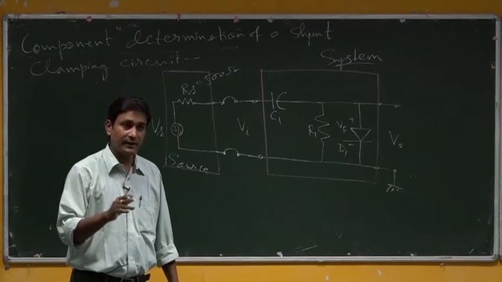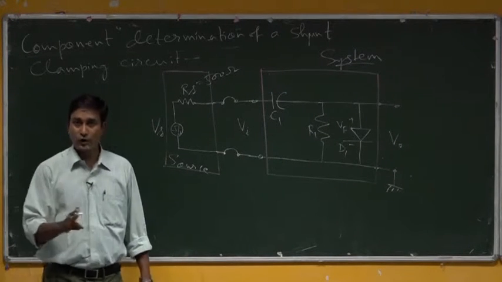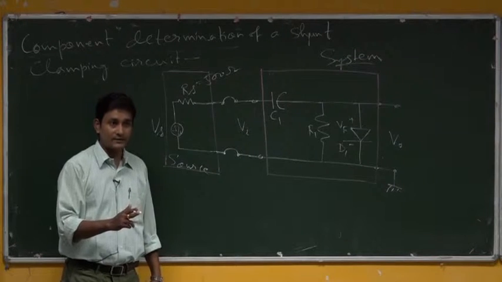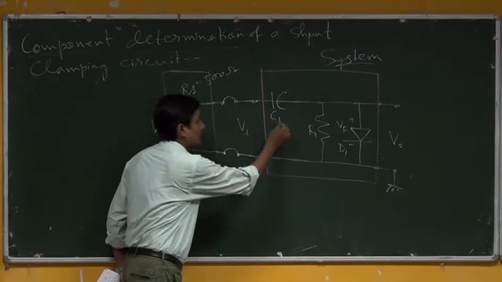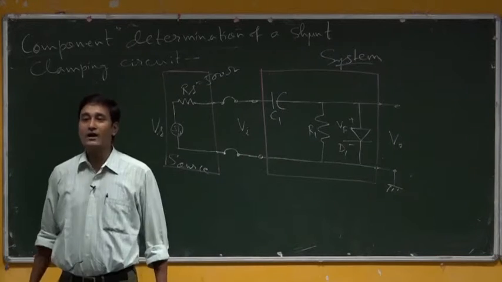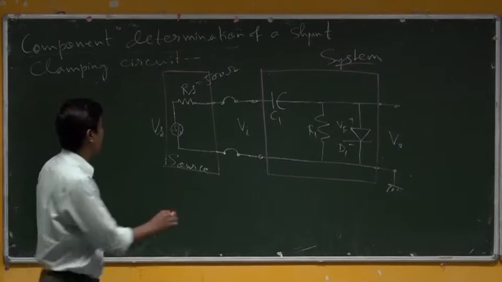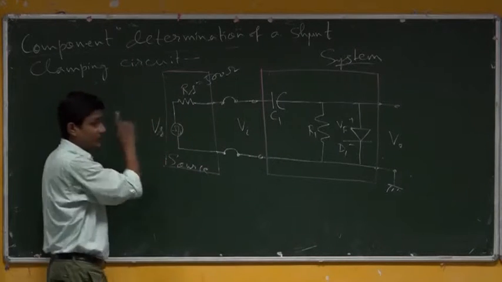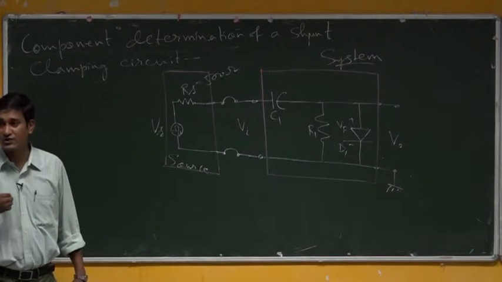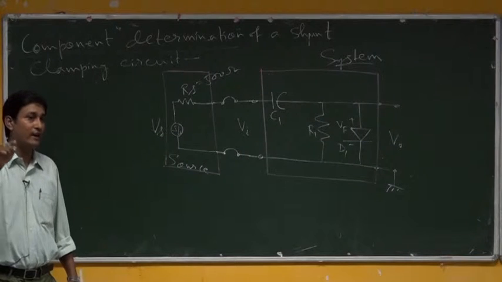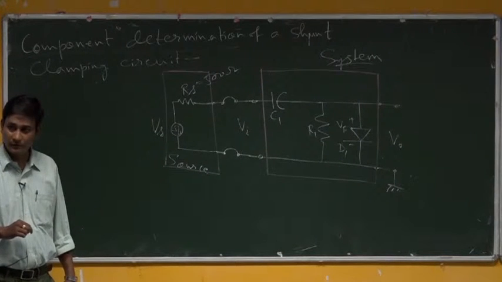If it is said, then taking those into your analysis, you have to tell what R1 and C1 values you are allowed to use in this circuit, or how to design a clamper circuit with a particular specification. That is our final aim. Okay?